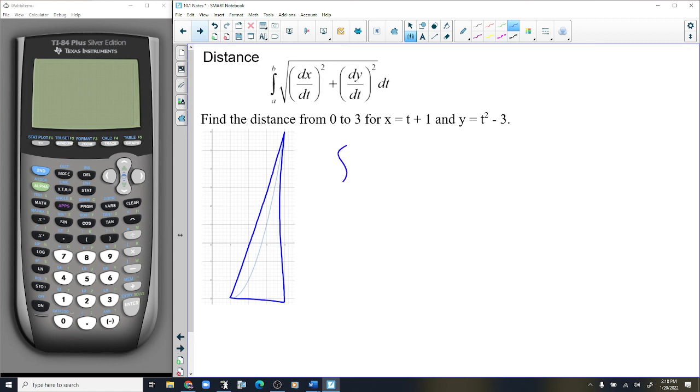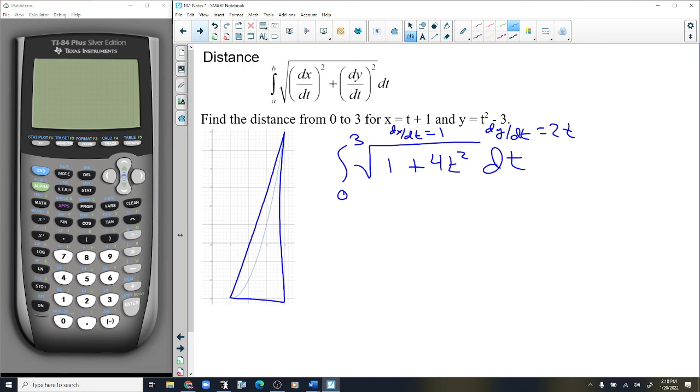So we're going to integrate from 0 to 3, square root of, I need the derivatives. So dx dt is 1. So 1 squared plus derivative of y is 2t. So 4t squared dt. With this one, there's no way to get rid of the radical.